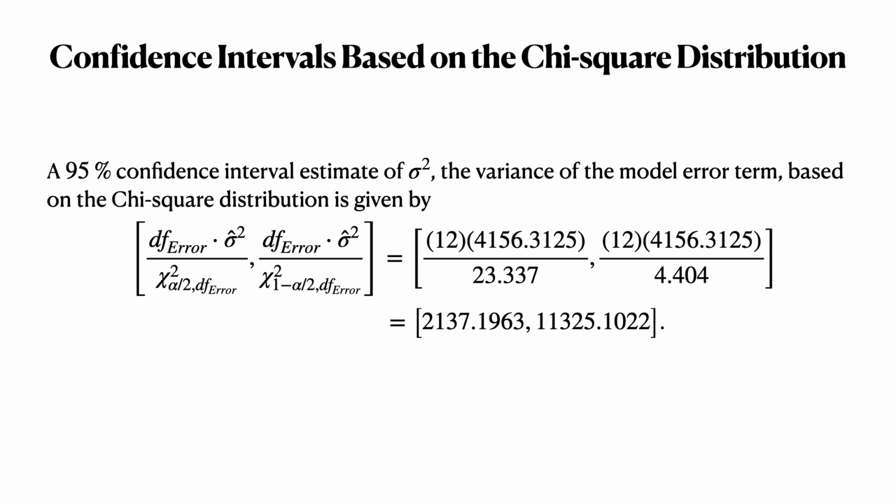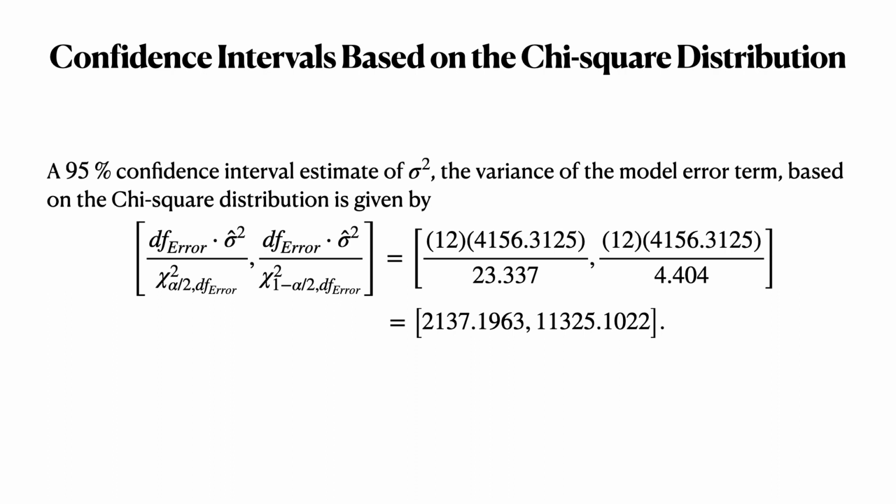So the lower end point is equal to the product of the degrees of freedom and the point estimate of sigma squared divided by the upper alpha over 2 percentage point of the chi-square distribution, with degrees of freedom equal to the number of error degrees of freedom in the ANOVA table.